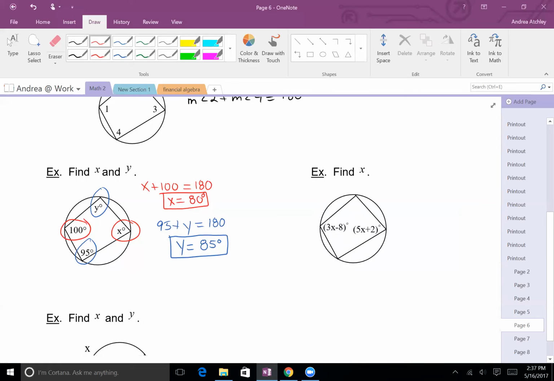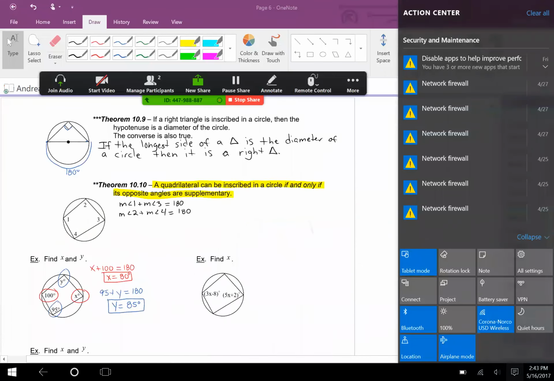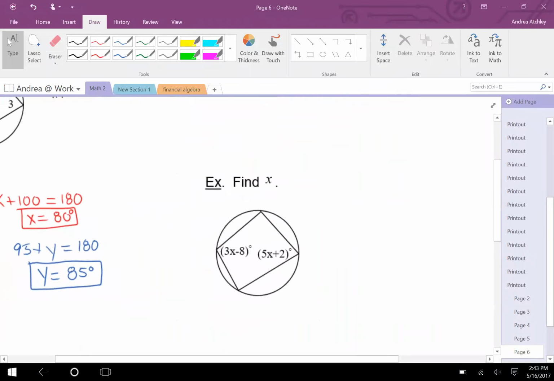Okay, I want you guys to do the next one on your own. Okay, we're back up here. So we should have 3x minus 8 plus 5x plus 2 equals 180.